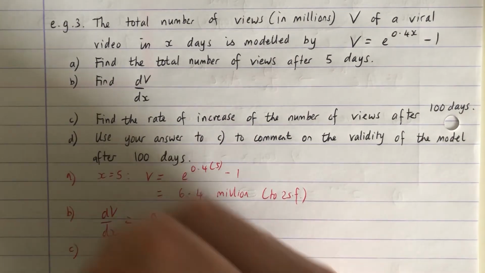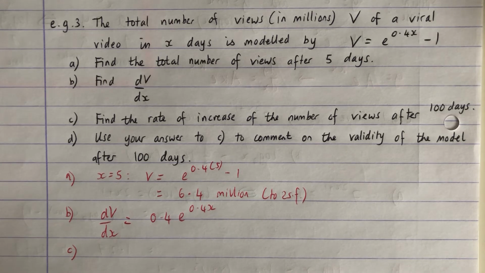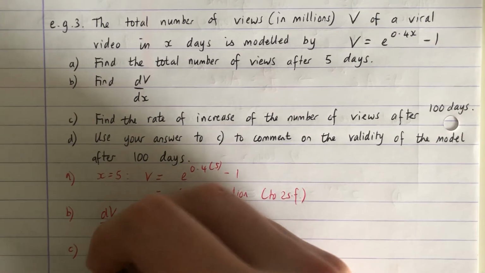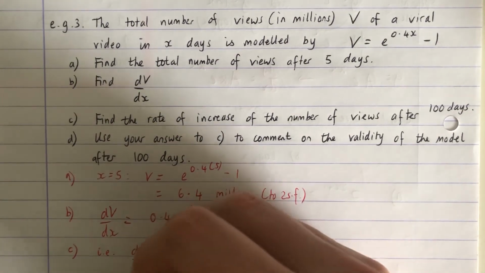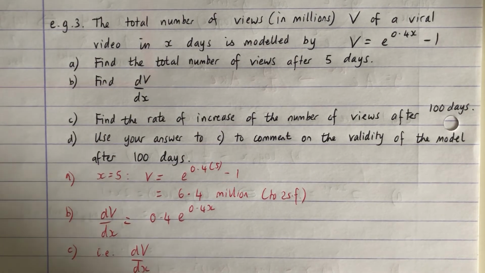Part C. Find the rate of increase of the number of views after 100 days. Rate of increase. So that is a really fancy word for finding dV by dx, because rate means change with time. x is that change in time, changing throughout the days.